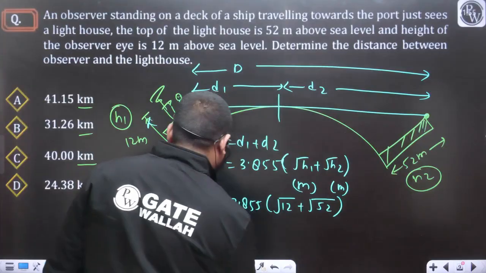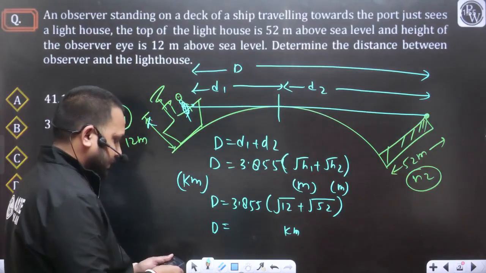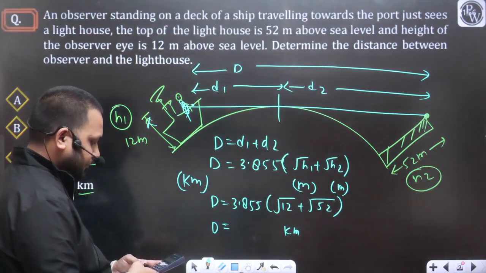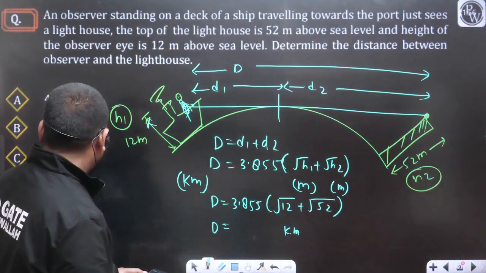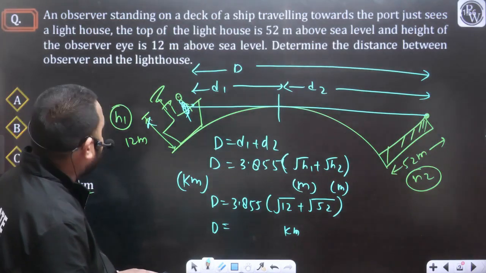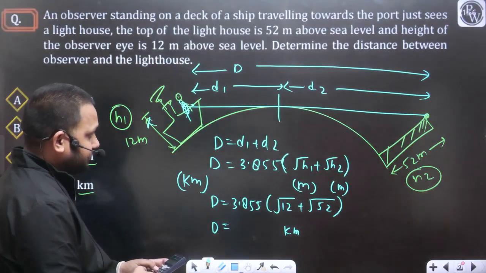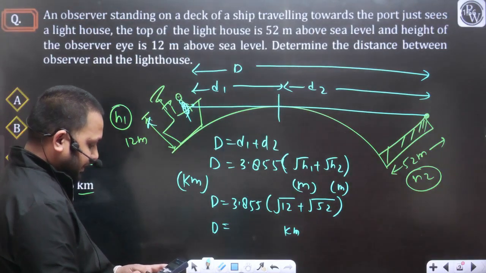You can solve it, and D you will get in kilometer. So root 12 plus root 52, multiplied by 3.855. 12 is given, right?